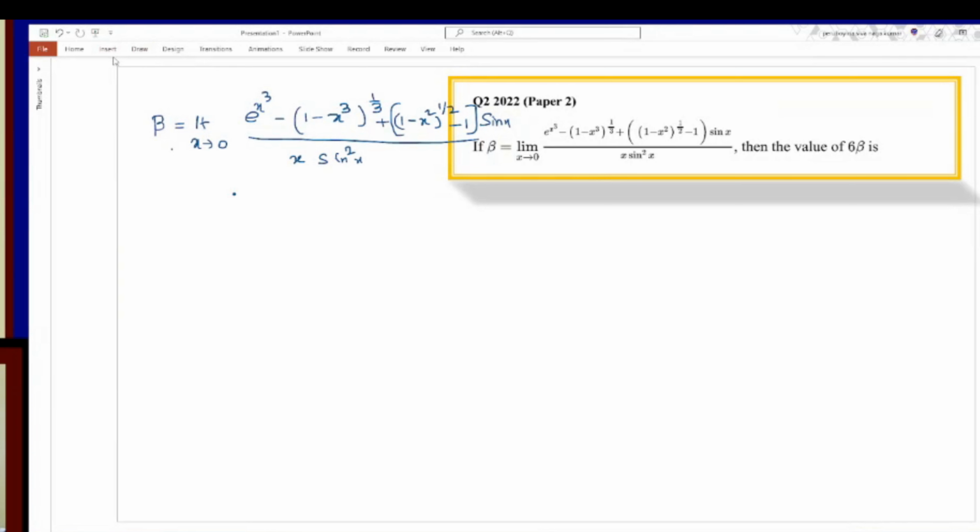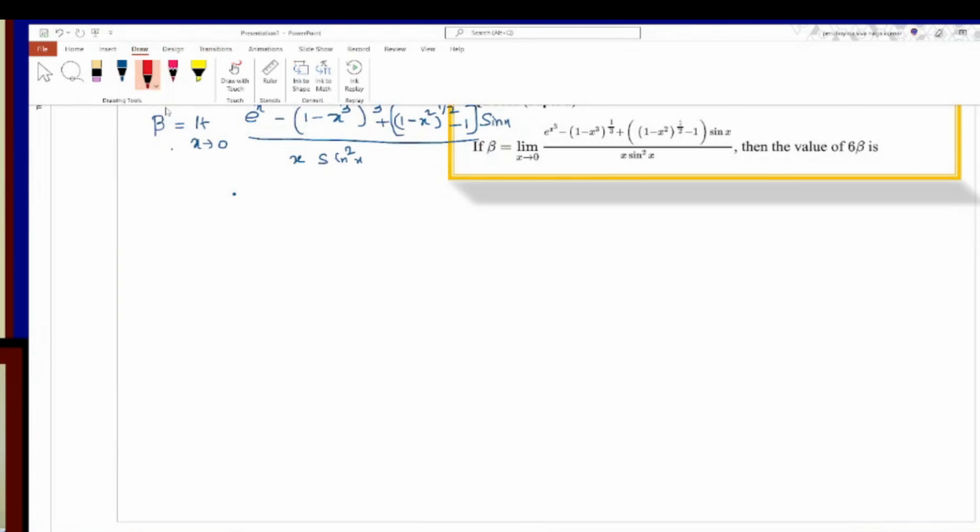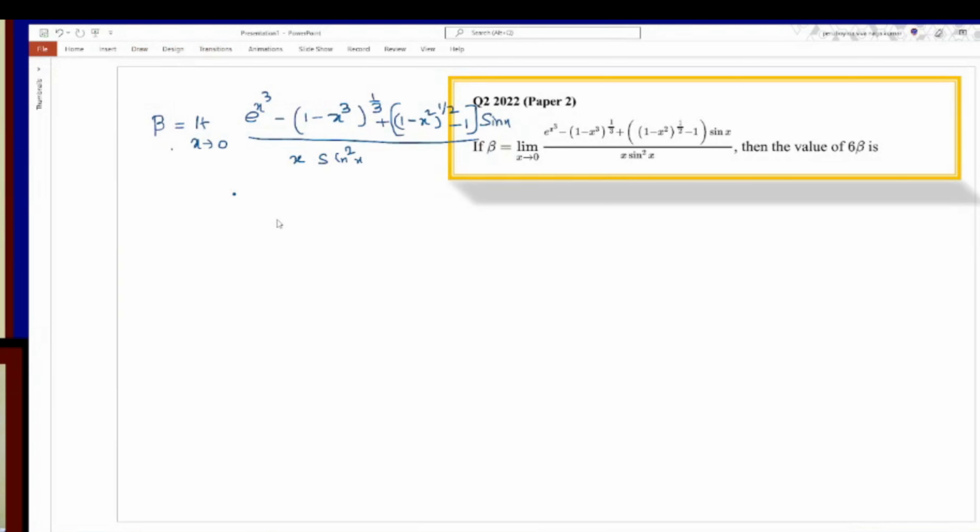So before that, we need some expansion formulas. So let us discuss all those expansion formulas. First, we need to know the e power x cube formula. E power x cube is 1 plus x cube whole power 1 by 1 factorial plus x cube whole square by 2 factorial plus and so on.